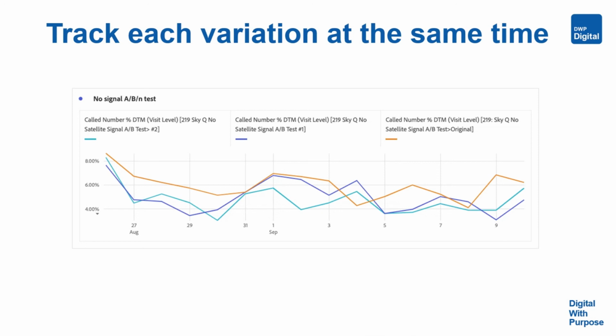We'll run each test until we get a statistically significant sample size, but they won't be over two distinct date periods. We also always make sure that we run tests over a long enough period of time so that they cover what we would know as the usual bias points. So we'd make sure that they ran over a weekend, or we'd make sure that they covered that spiky Monday, anything that we were expecting to happen in that way.